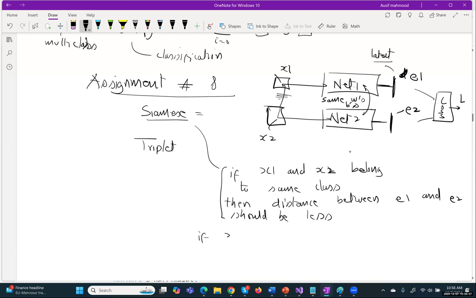And if X1 and X2 belong to different categories, then the distance should be larger, so increase the distance between E1 and E2.